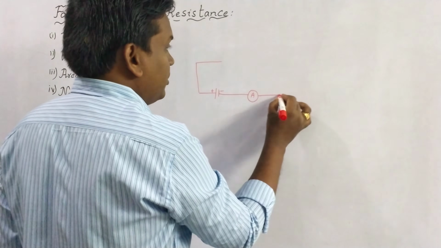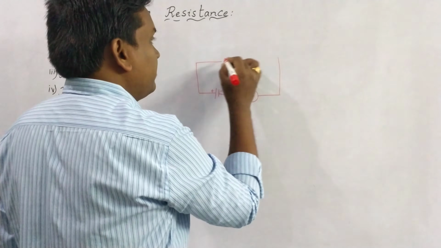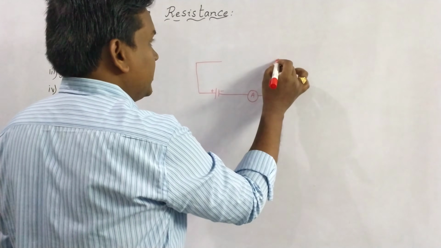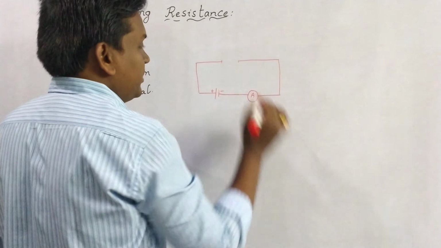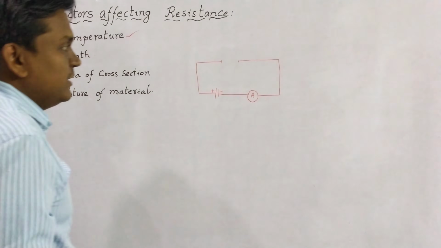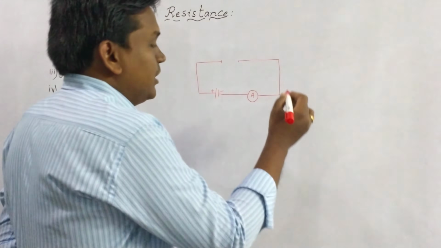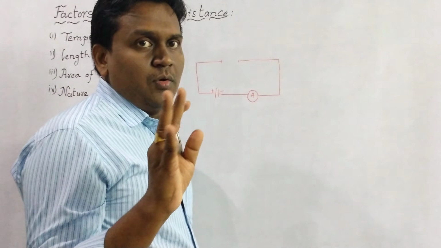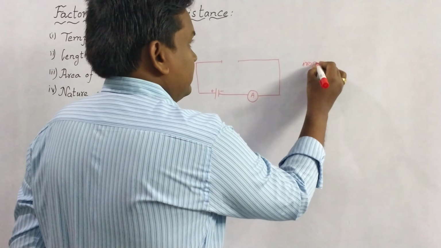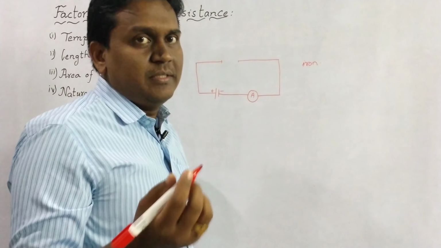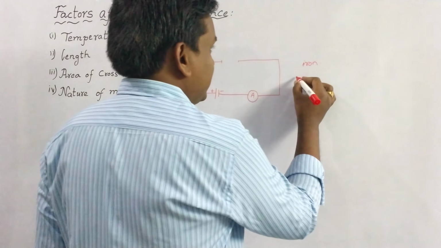This ammeter will show the current passing through the circuit. Here we will leave some gap, and instead of the gap we will take 4 iron spokes of different lengths.